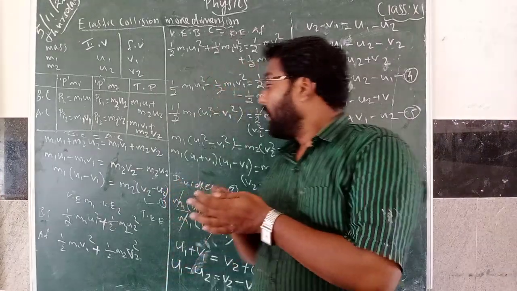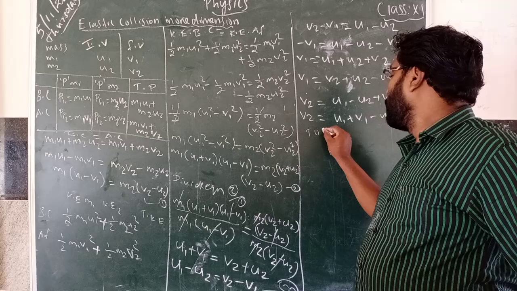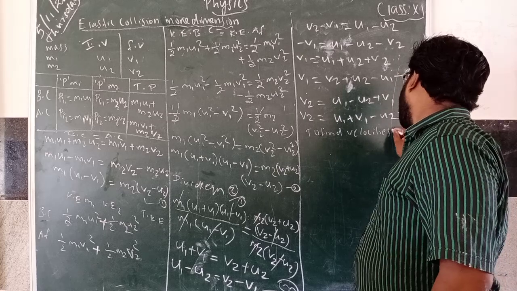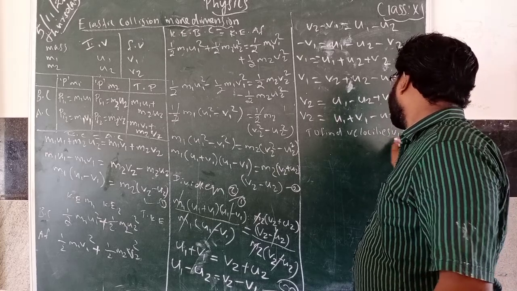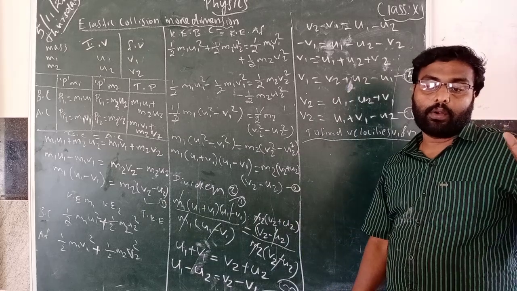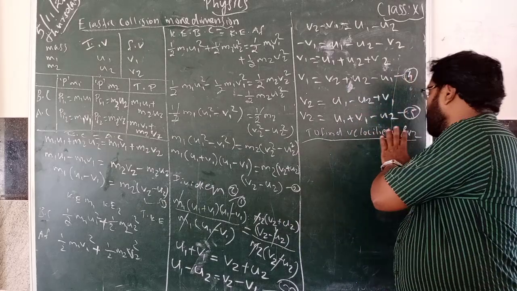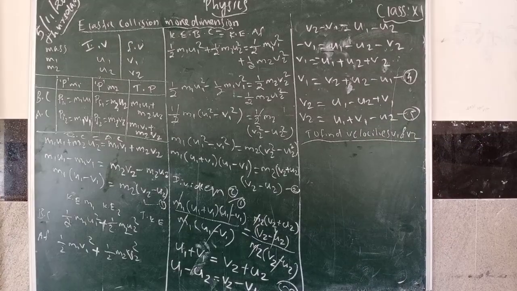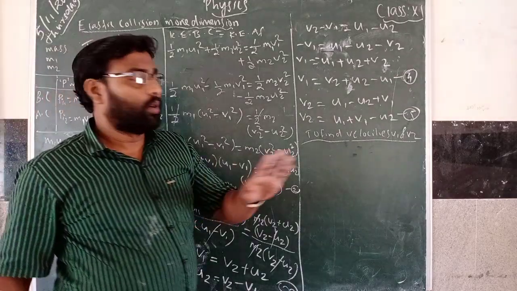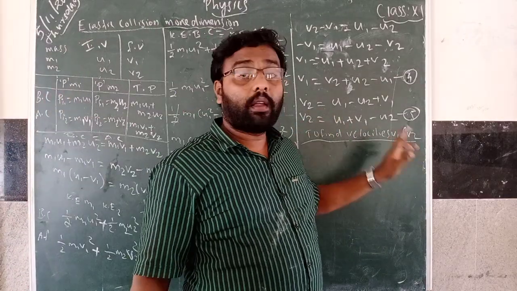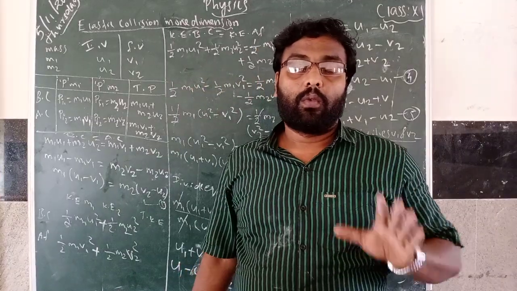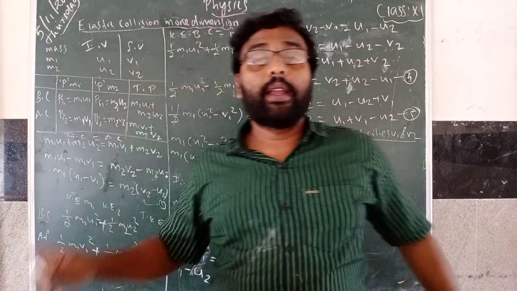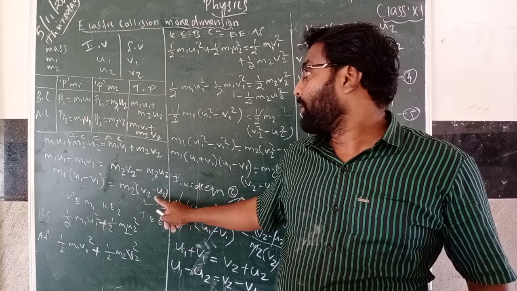To find the velocities v1 and v2 in terms of momentum, you just have to substitute these v1 and v2 values in equation 1.